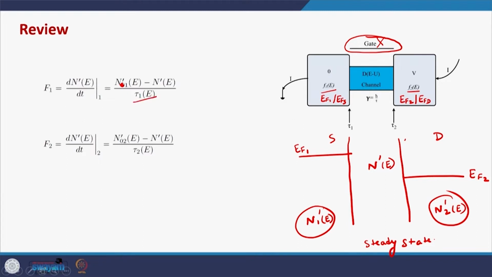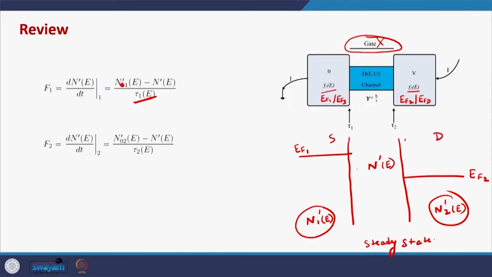In some cases, even the characteristic time is a function of energy, which means that in different energy levels in the channel, the time that the electron takes to go from the contact to the other end of the channel is a function of energy.